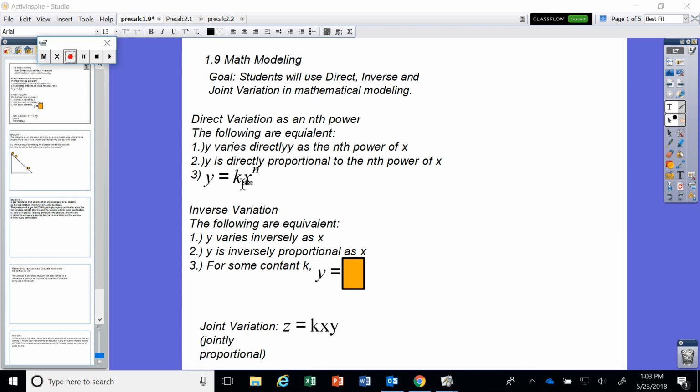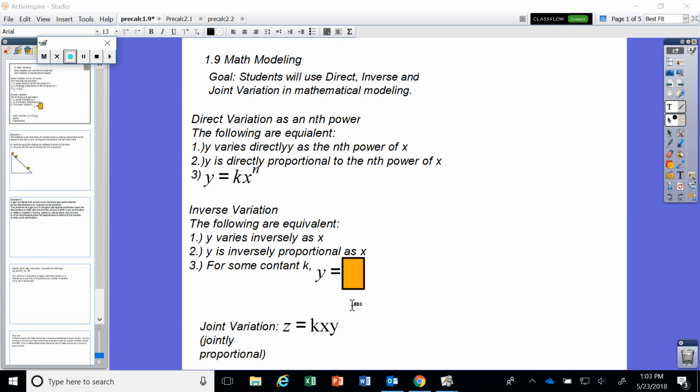So how does this differ from a different form of variation? Let's take a look as we go to inverse variation now. The following are equivalent: y varies inversely as x, y is inversely proportional to x, for some constant k. I have it hidden right now, so pause the video and think about what an inversely proportional equation would look like compared to a directly proportional equation.